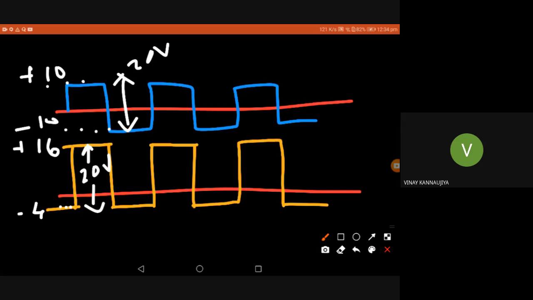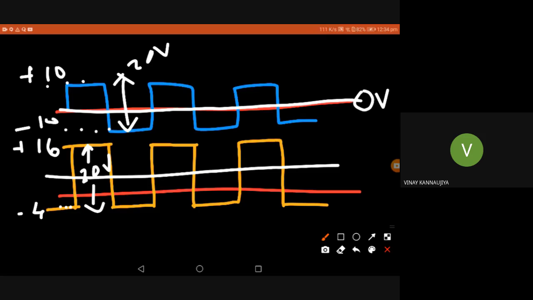Initially it was zero. Zero voltage was the symmetrical point of my input. Now what is my symmetrical point? What is my midpoint? Yes, it is 6 volt, right? It has changed to 6 volt.